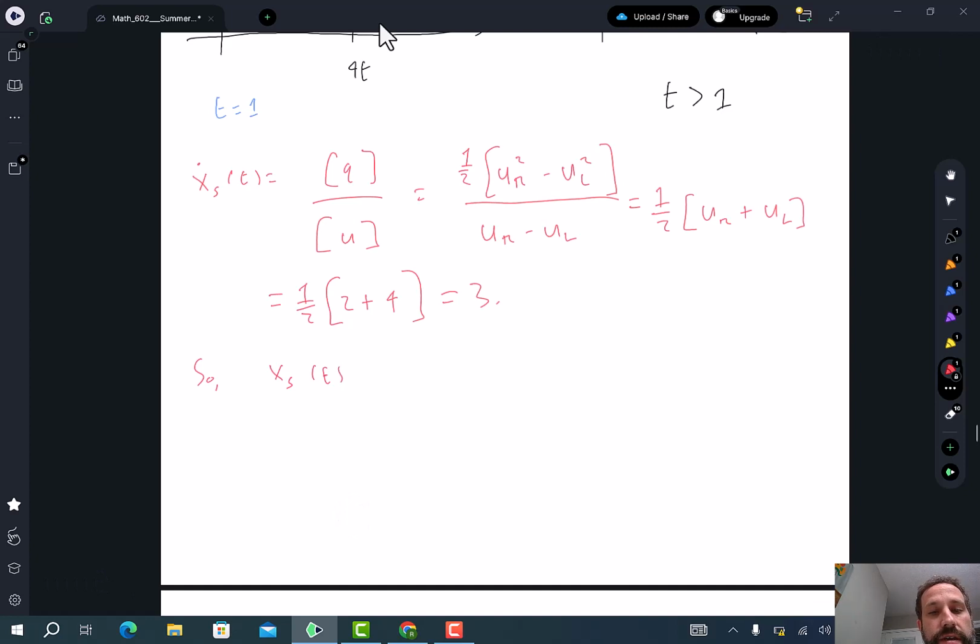So x_s of t, remember the s here means shock, is going to be equal to 3t plus some constant. Now I know that it first hits the shock, so I know that the breaking time, that is where the characteristics first intersect, is when t is equal to 1.